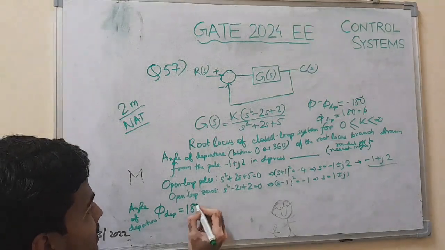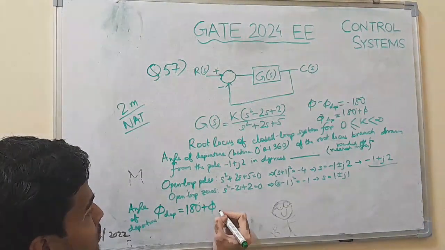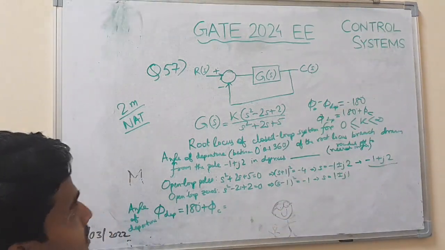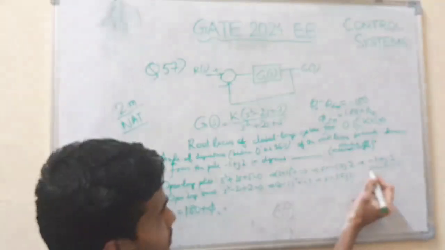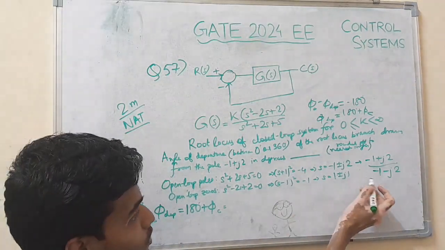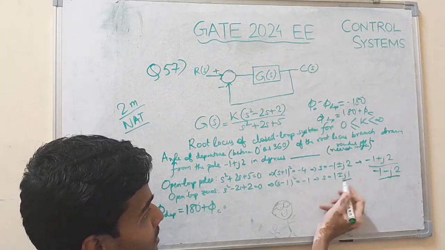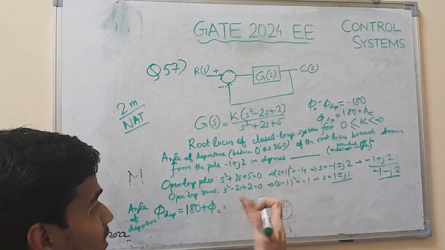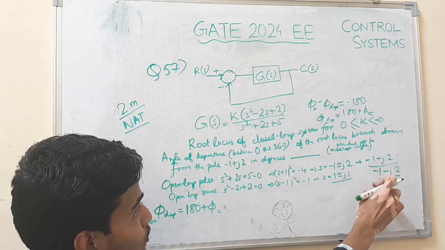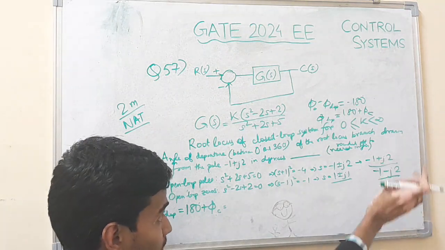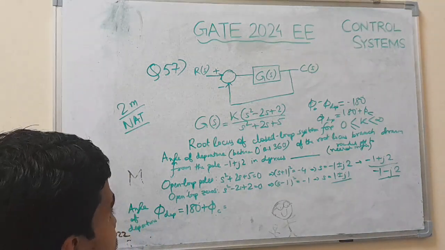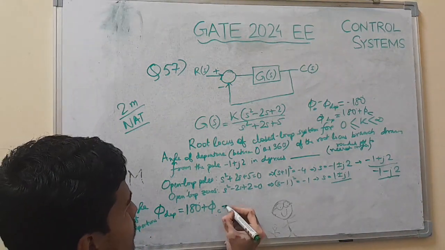So it will be 180 degree plus phi c, where phi c is the contribution from the other poles and zeros, of course. The angle of departure at this pole will include the contribution from the other pole as well as the contribution from these zeros.